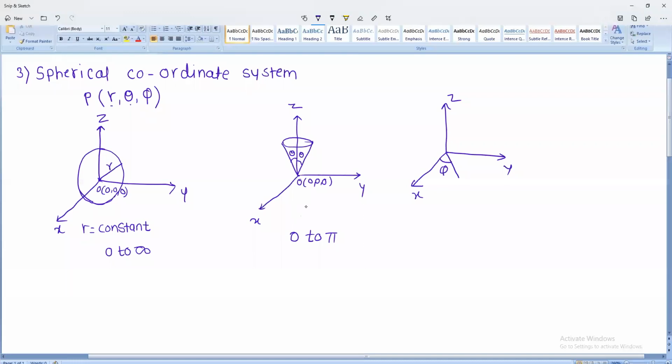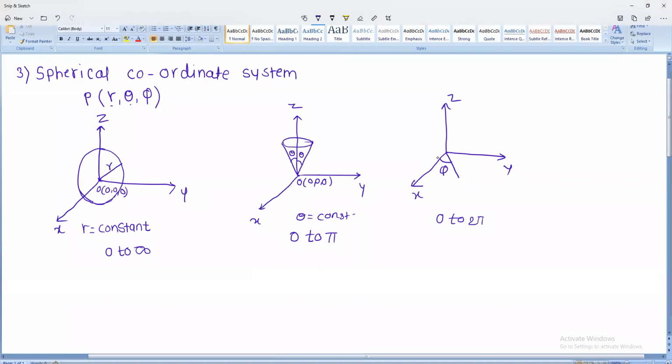And here what is constant? Theta is equal to constant. So in space, this theta varies from 0 to pi. Now tell me how phi varies. 0 to 2 pi, right?